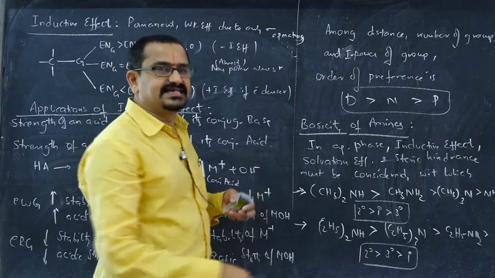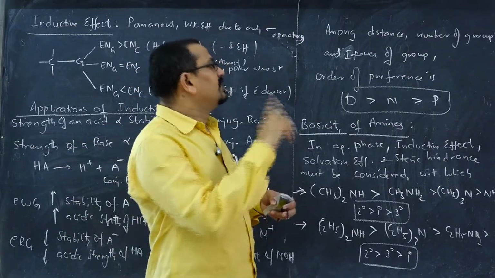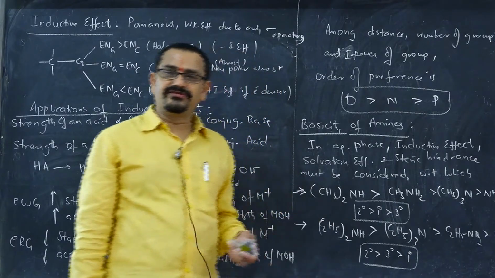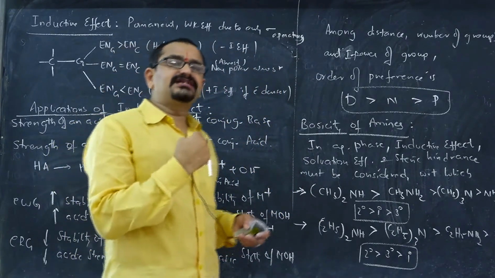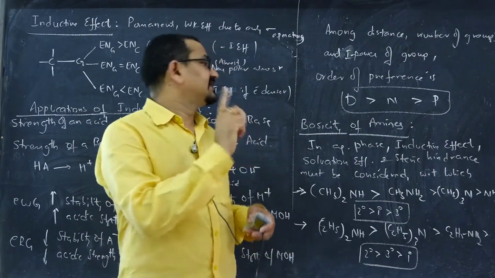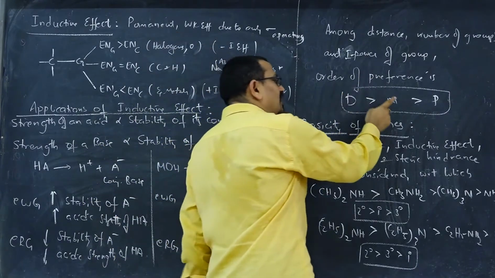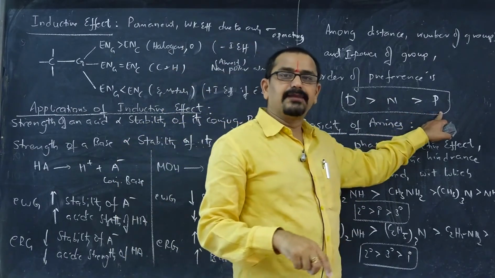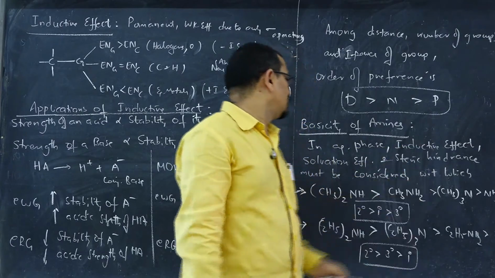So among these three cases, distance of the group, number of groups and inductive power of the group, what do we have to prefer first? How closer the group is, that we have to give preference. How closer the group is, that should be the first preference. Then how many number of groups are there, that is the next preference, and the least one is the power of the group. So it is called the DNP rule.